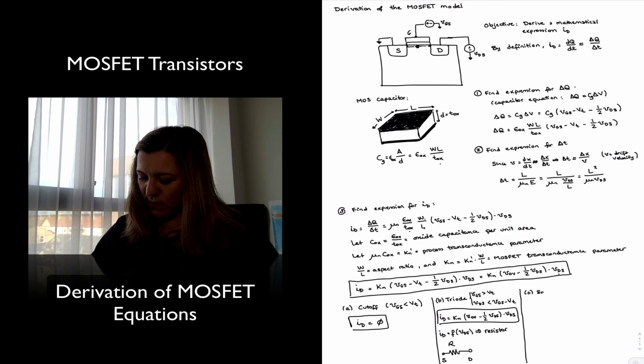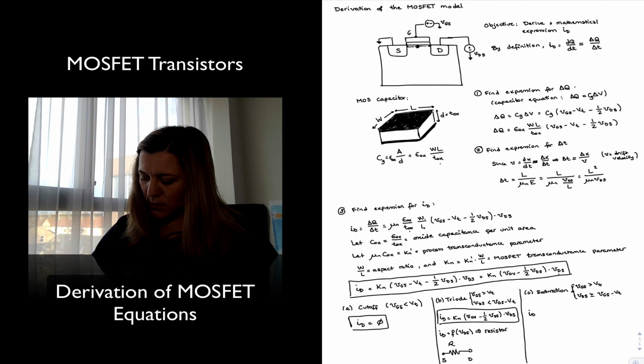And then finally we have the saturation region, where the conditions are again that VGS be greater than VT, and we enter saturation whenever VDS is greater than or equal to VGS minus VT, the overdrive voltage.